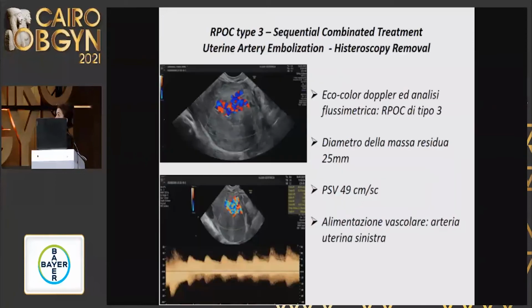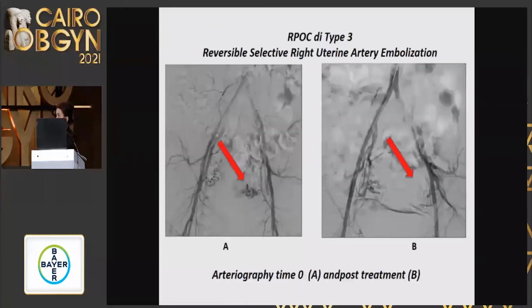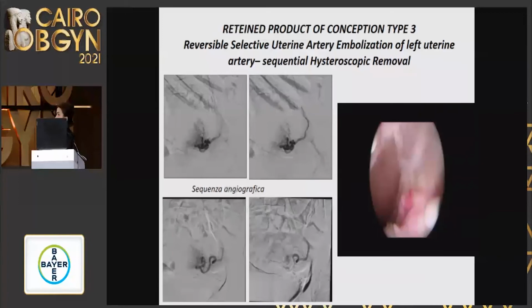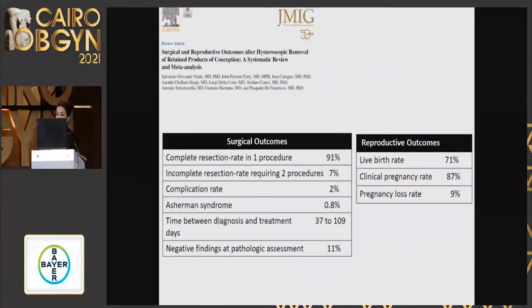This is a case in which we find a big lesion and PSV of more than 49 centimeters per second, and we can see the effect of embolization after the treatment. In this case, I'm sorry again, but I would like to show you how there is a modification of the vessel.